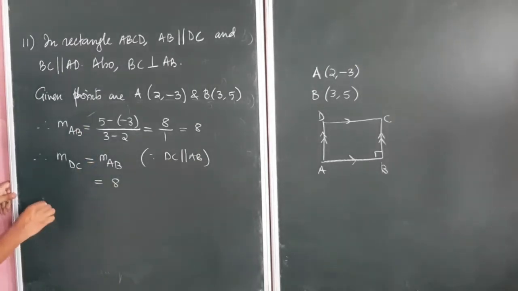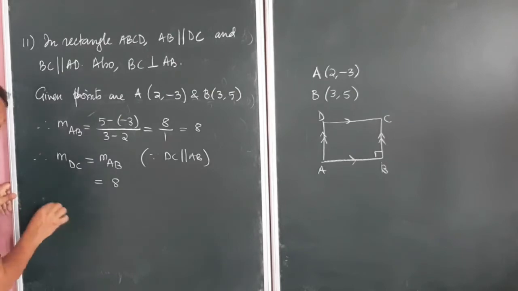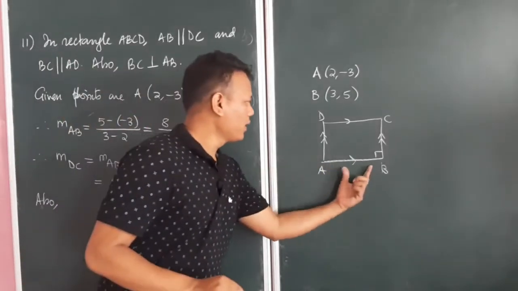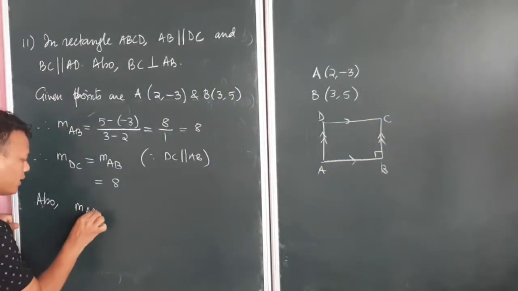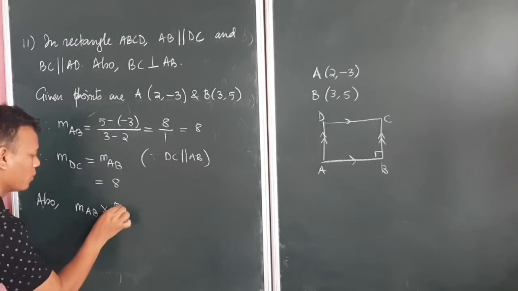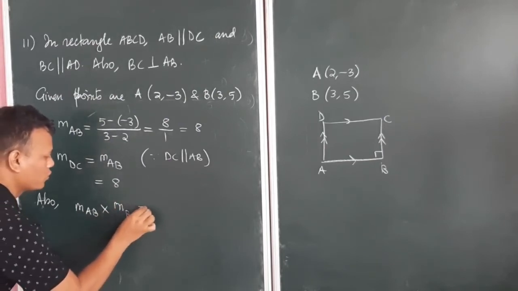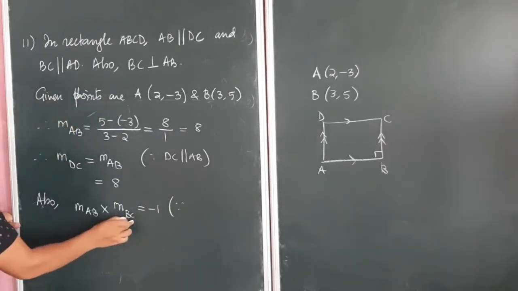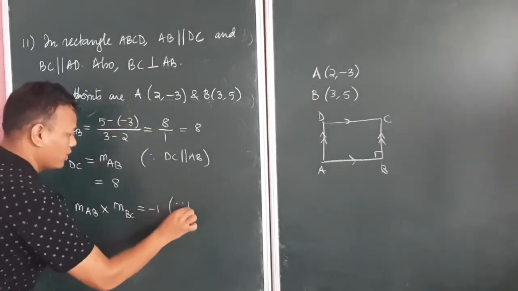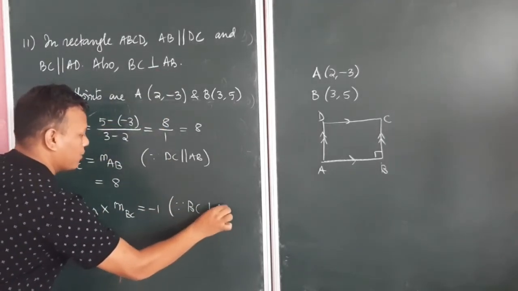Now, also the slope of AB into slope of BC will be equal to how much? Minus 1. Why? Because AB is perpendicular to BC, or BC is perpendicular to AB.